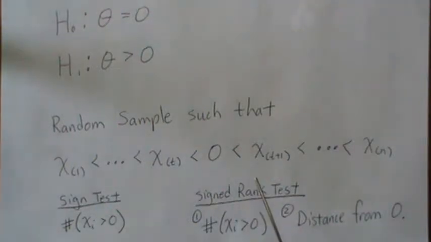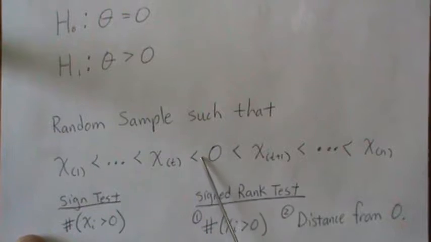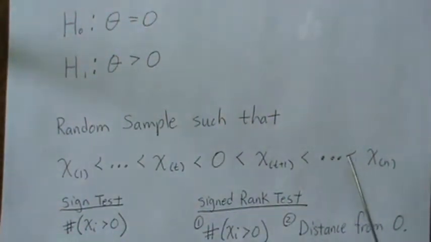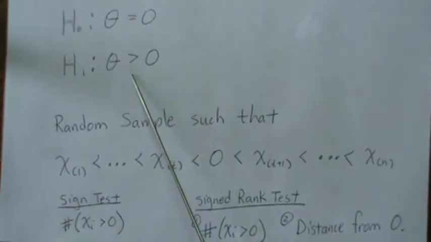But here we're adding the assumption that the distribution is symmetric. So we're going to add information. In the sign test, we just looked at the number greater than 0, and if that number got too large, that was supportive of the alternative.